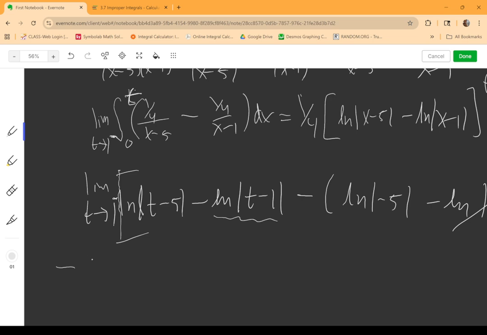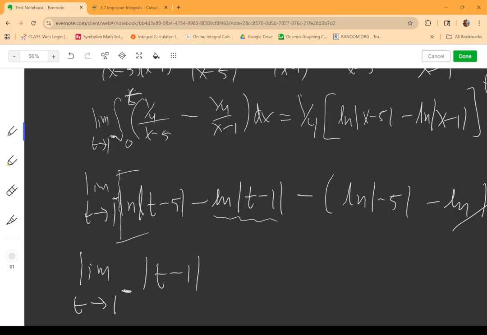So when I take a look at this, the limit as t goes to 1 from the left of ln of absolute value of t minus 1. What we see here is that as t goes to 1, this quantity is going to 0.